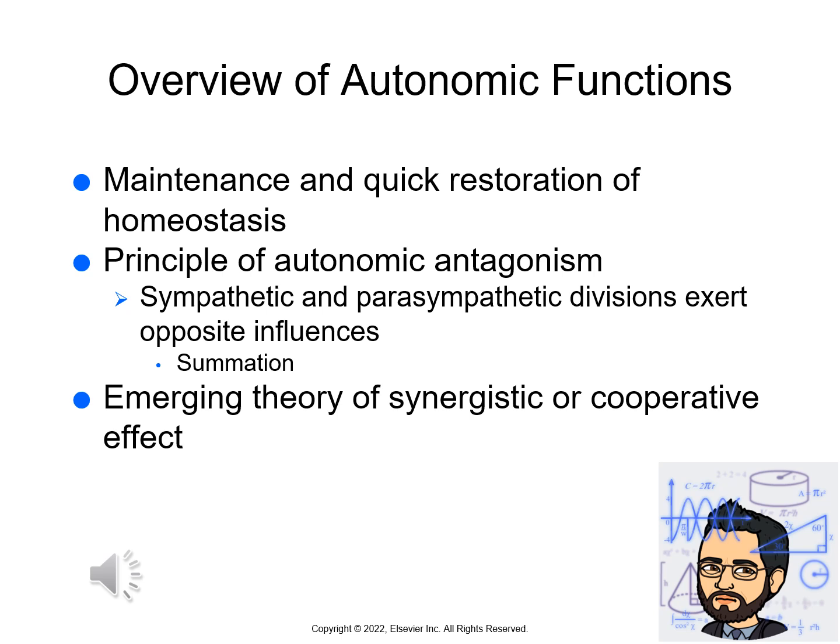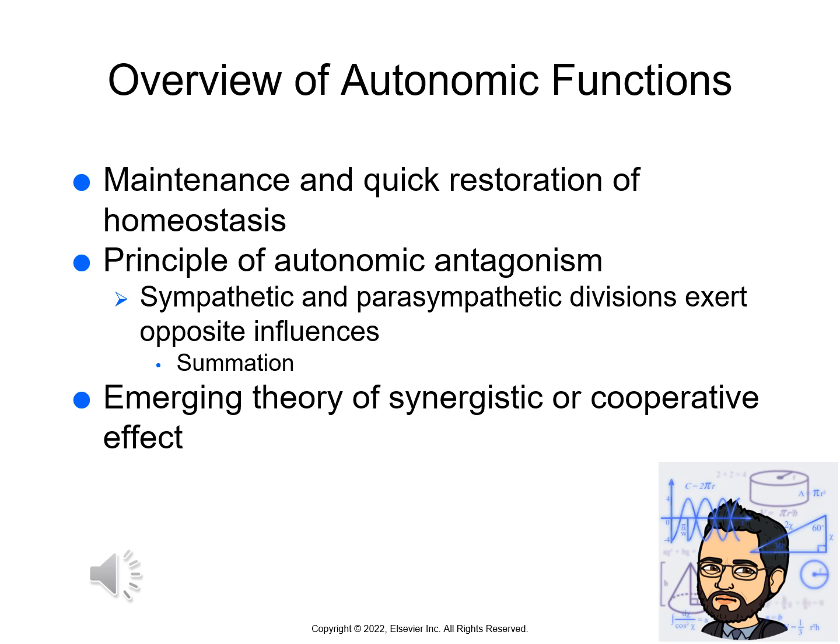Slide 20, overview of the autonomic functions. So the autonomic nervous system maintains and quickly restores homeostasis in the body, or else you pass out or die in some cases, right? And this involves the principle of autonomic antagonism.